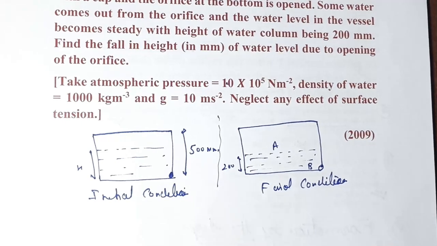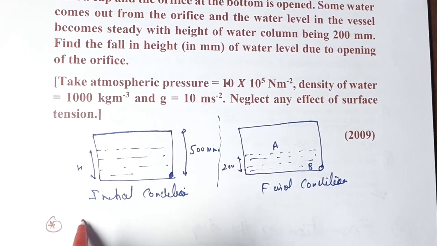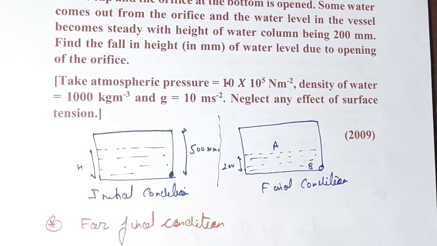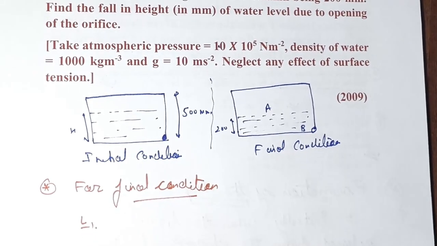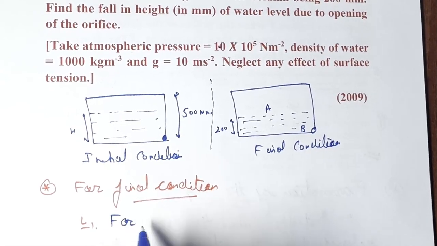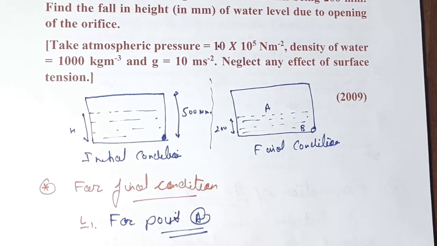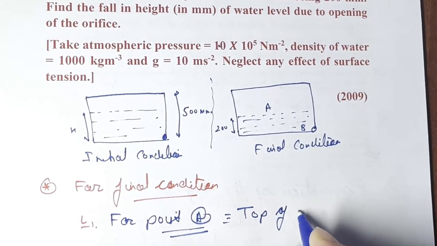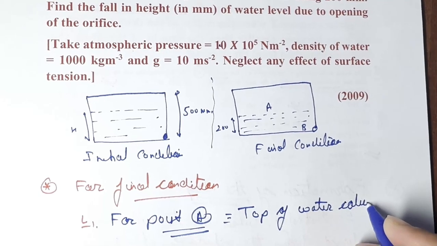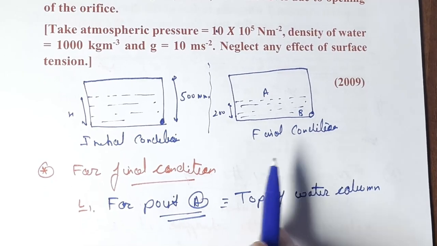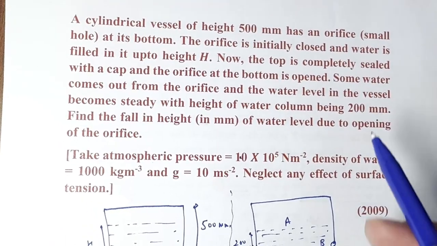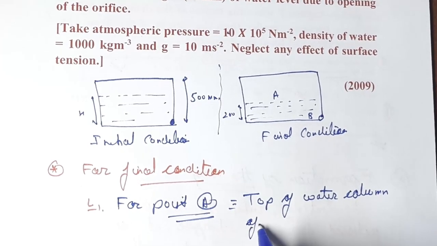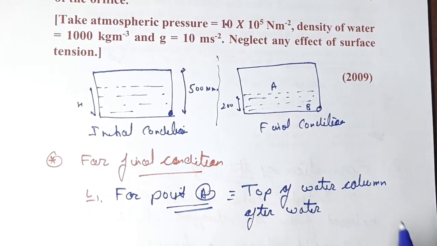Okay, so let us start with Bernoulli's theorem, and we say for the final condition, for point A, which is the top of the water column after the water has stabilized, because it is given in the question that there is a steady height of the water column.